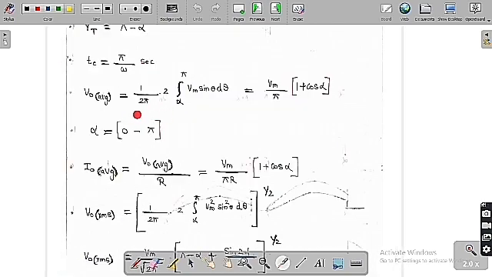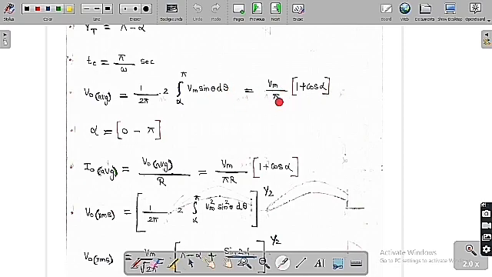If you want to find the average output voltage, it is 1 by 2 pi times 2 times the integration of alpha to pi of Vm sin theta d theta, because there are two pulses, from alpha to pi and pi plus alpha to 2 pi, and both are symmetrical, so you have to take twice. So V naught average is 1 by 2 pi into 2 of the integral from alpha to pi of Vm sin theta d theta. If you solve this, we get Vm by pi into 1 plus cos alpha.